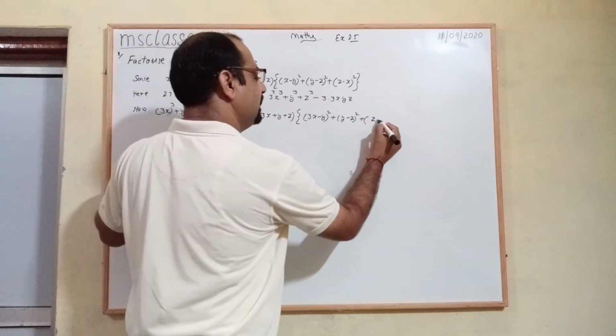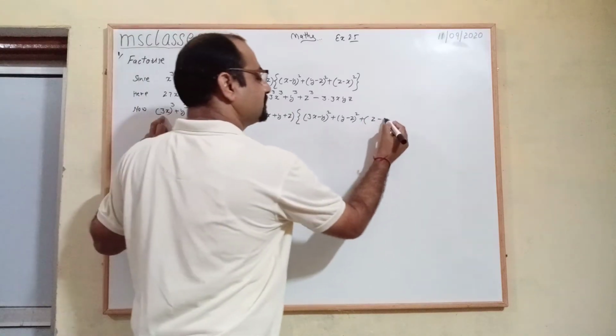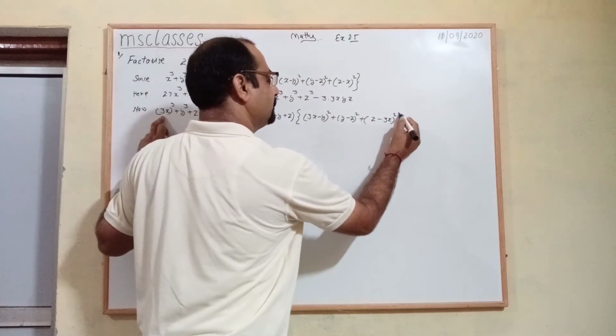So z is z and x is 3x. This is 3x whole square.